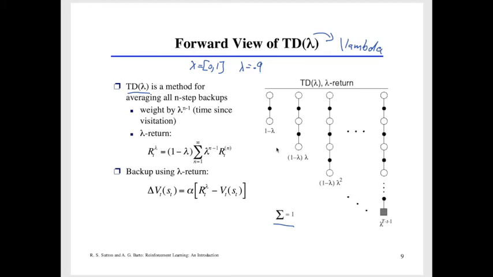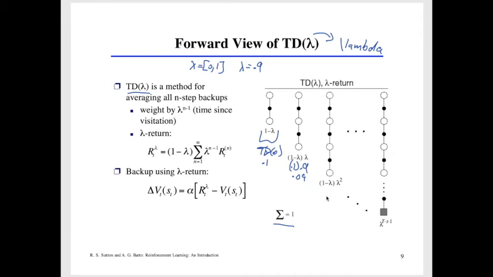Because here we're saying take the one-step return, right? So this is TD0 that we've done already. This is the SARSA that we're already using, and we're going to give it a weight of 0.1, say, if we're using 0.9, right? And then for the two-step return, we're going to give it 90% of that, so we'll get something slightly smaller, 0.09.